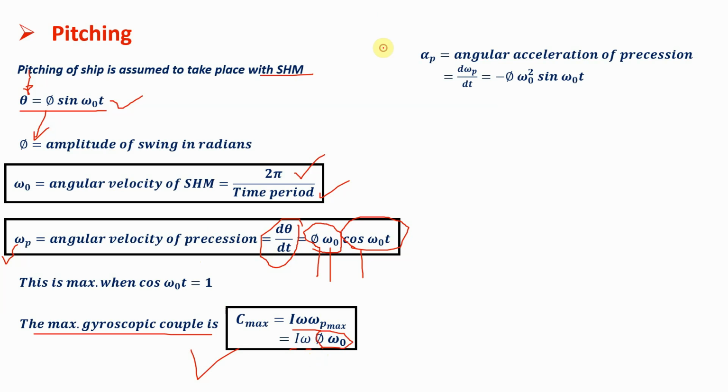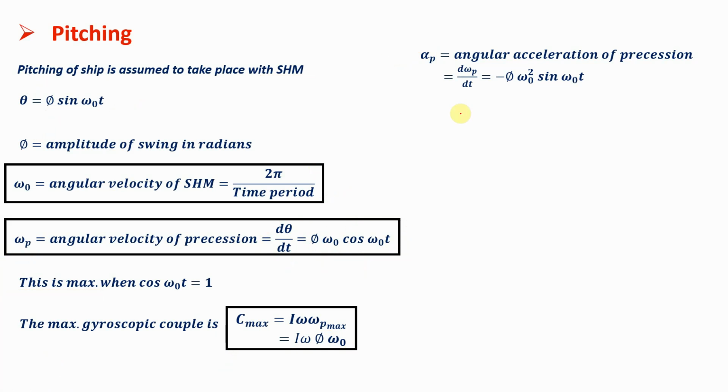Now let alpha be the angular acceleration of precession, which is obtained by differentiating the omega p with respect to time. So when we differentiate this equation with respect to time, we get the angular acceleration of precession, which is equals to minus phi omega 0 square sine of omega 0 t.